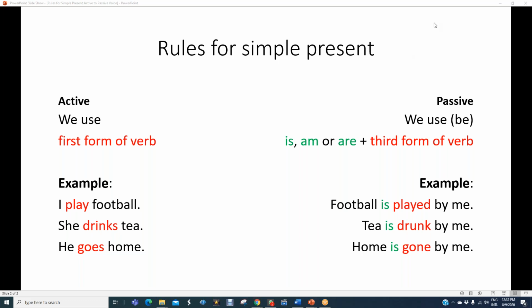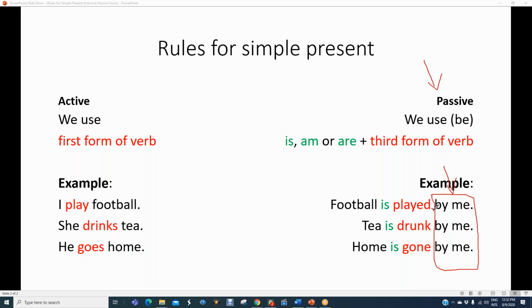Now, I need to tell you one more thing in this, and that is you notice here by me. When you are writing a report, what is important is what was done. It's not important to know who has done it. When you write passive voice, we are more interested in what was done, the action, not who has done it.